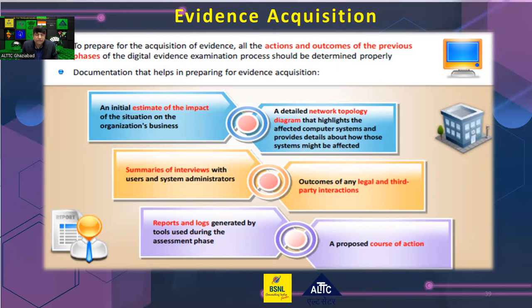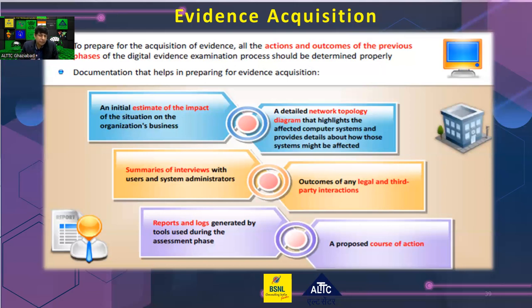An initial estimate of the impact of the situation on the business organization, like a detailed network topology diagram that highlights the affected computer systems and provides detail about how those systems might be affected.